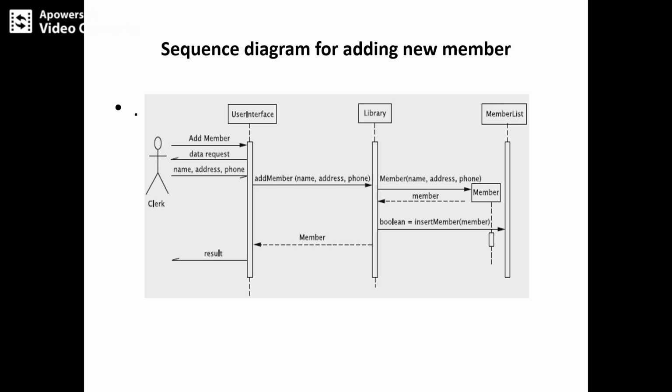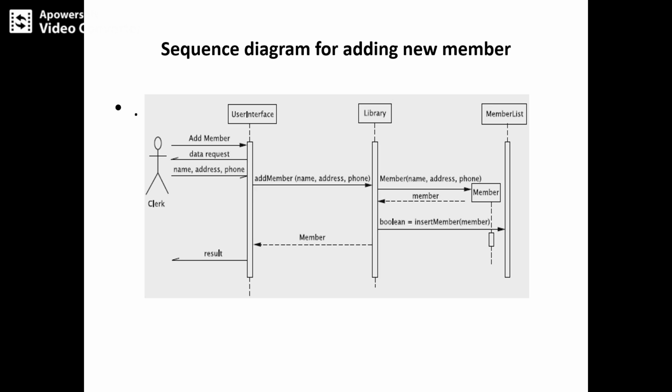All the user interface needs to do is pass the three pieces of information, name, address, phone number of the applicant or customer, as parameters to the add member method, which assumes responsibility for creating and adding the new member, which will be stored in the member list.